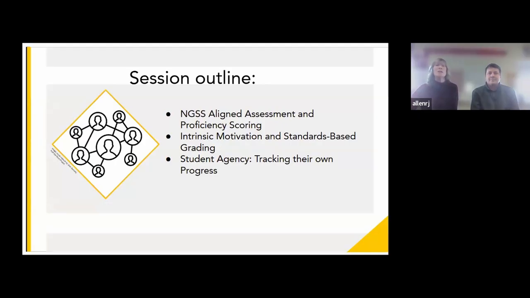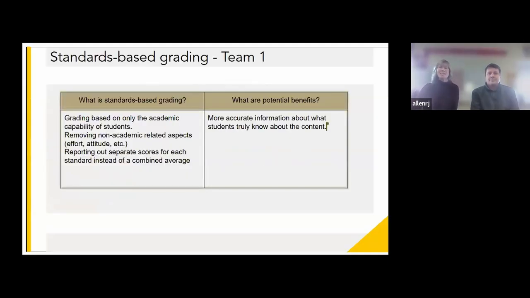So to begin with, let's talk very briefly, and I'm going to be quick because I really want Robin to have lots of time to share with you what he's doing because it's very, very interesting and exciting. So defining standards-based grading can be a little bit difficult, but basically you've all kind of said the same thing, is that we're only focused on the standards, the academic capability or proficiency of students, and we're removing a lot of those non-academic related aspects, effort, attitude, those sort of things.